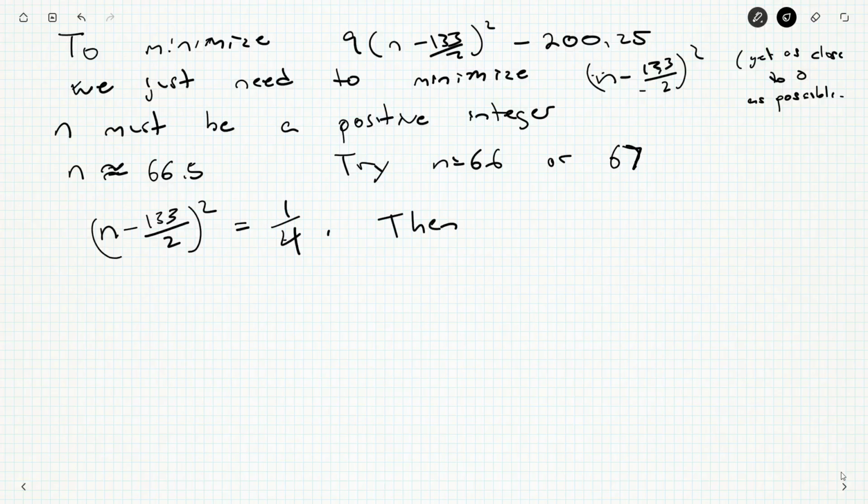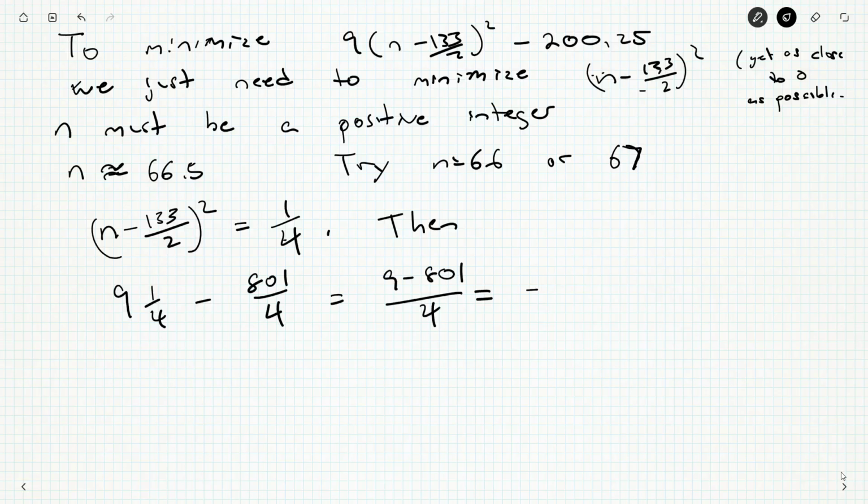And then 9 times 1/4 minus, what is that, 200.25 really? It's 801 over 4. So this is 9 minus 801 all over 4. And I really hope this works out and gives me an integer.